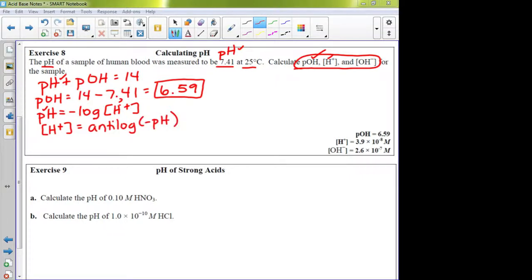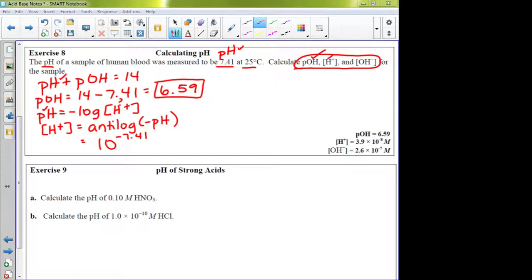Before you even ask, what in the world is anti-log? Don't worry about it. Just know that means you take 10 and you raise it to the negative pH, which in this case is 7.41. Okay? Don't stress about how we got there. Don't stress about what anti-log is. Just make sure you do that. Okay?